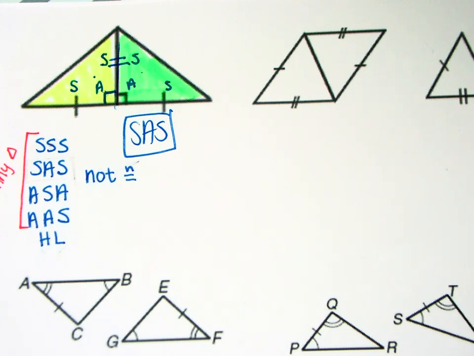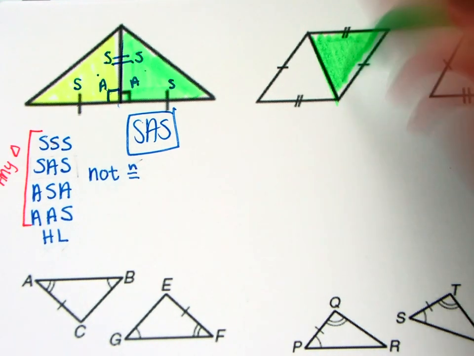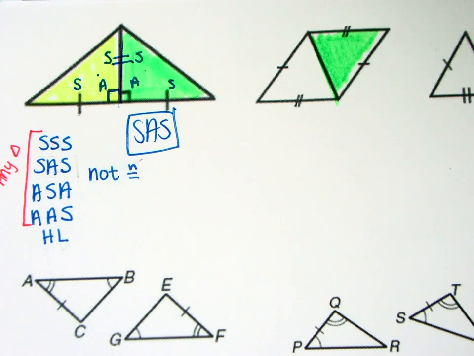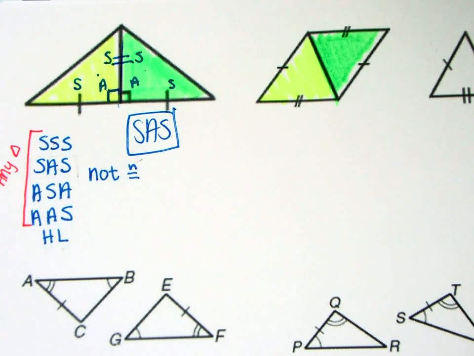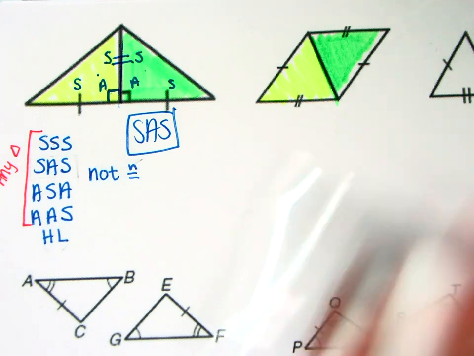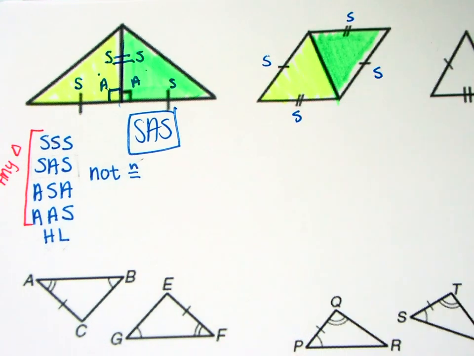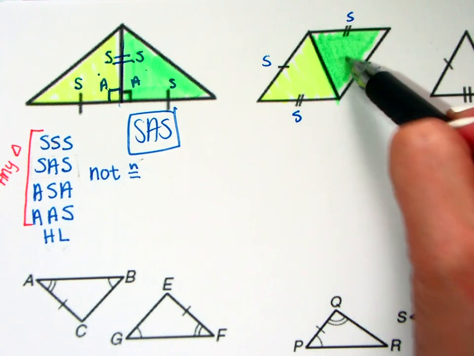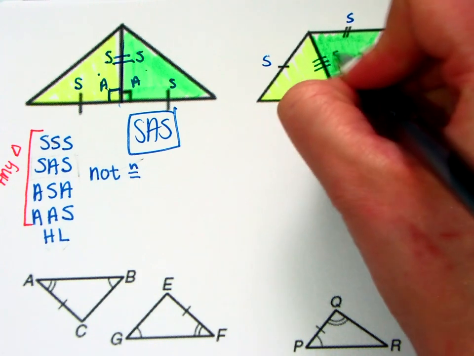All right, so again, in my mind, I should see 2 triangles. I should see a triangle over here, and I should see a triangle over here. Okay, I'm going to start labeling. Bars get S's, curves get A's. So far I just see a bunch of sides, but if my triangles are pushed together and they share a side, that means you know information about a side.